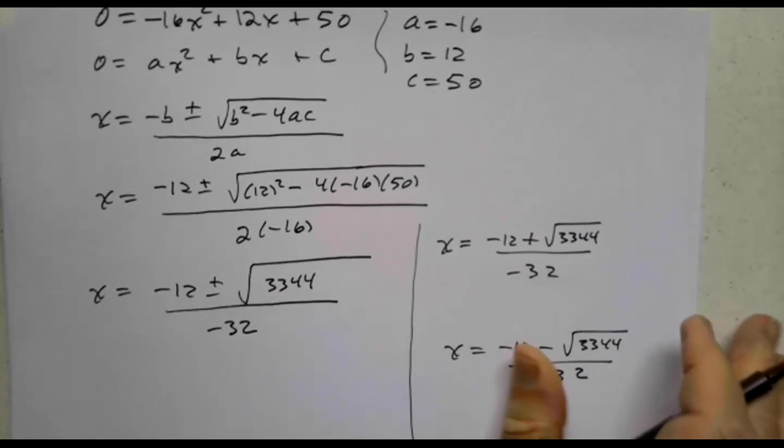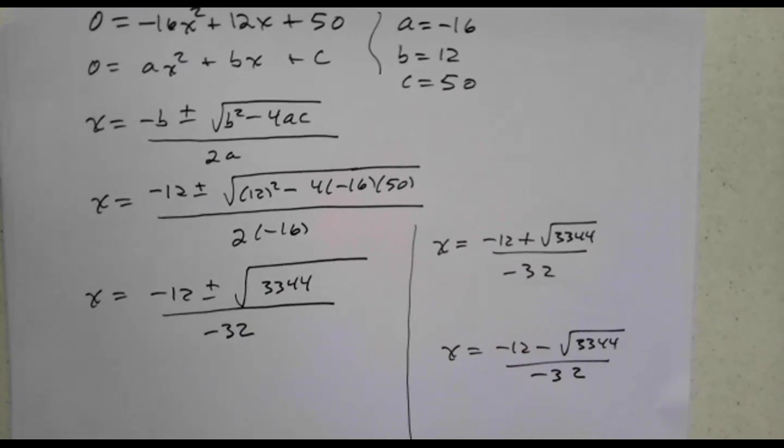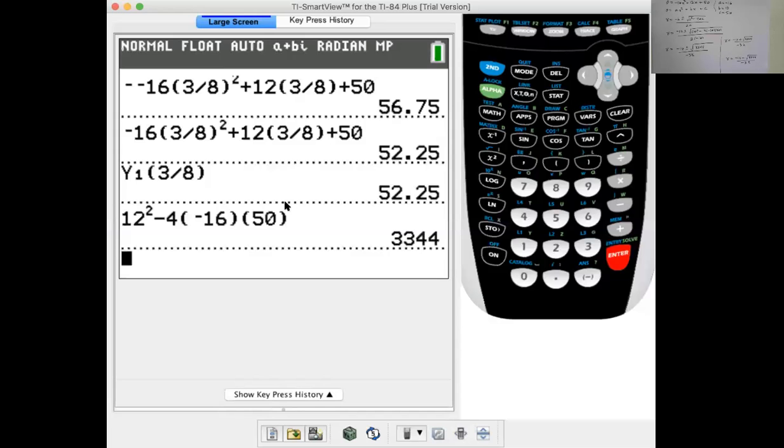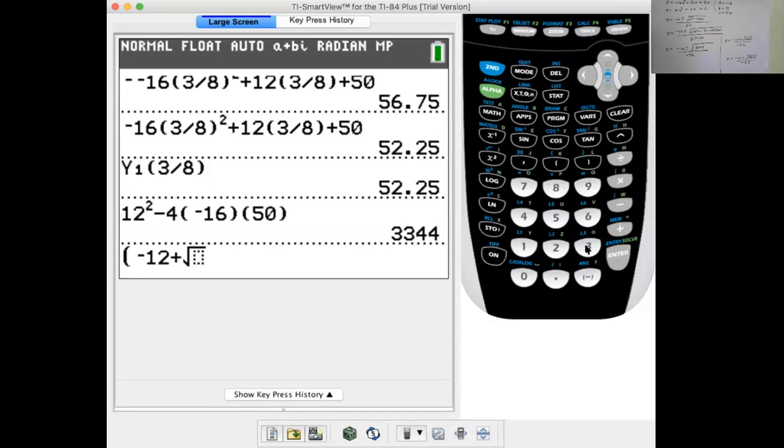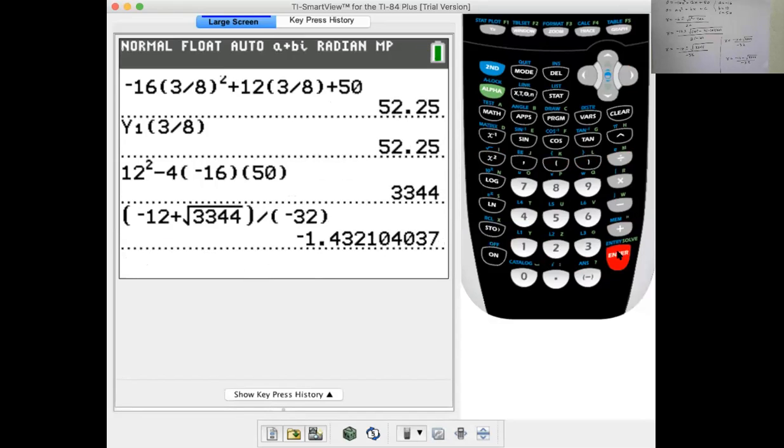Remember, any negative number doesn't make any sense because of how we're defining this. Time 0 is when she tosses the ball. So let's do this upstairs. Negative 12 plus the square root of 3344, divided by negative 32, gives me negative 1.432.